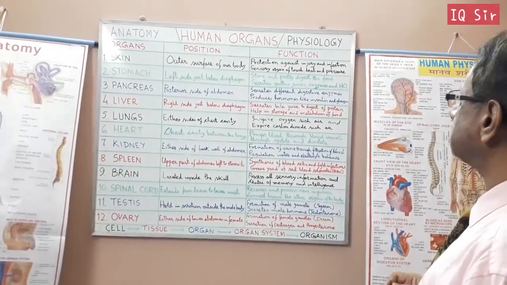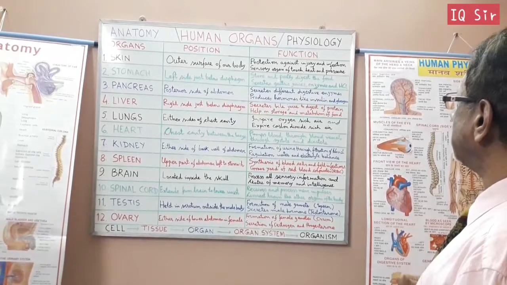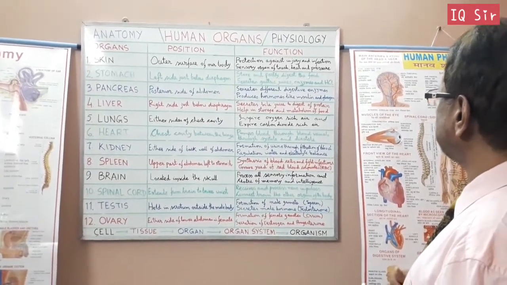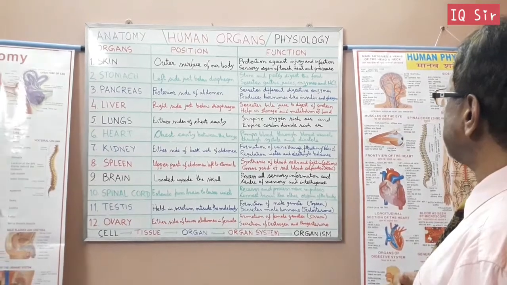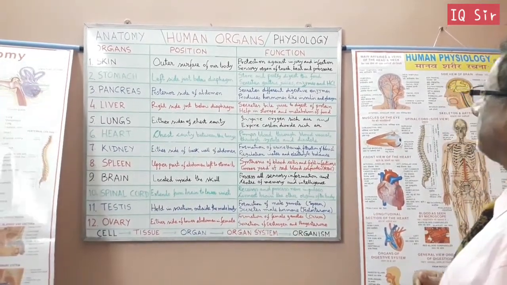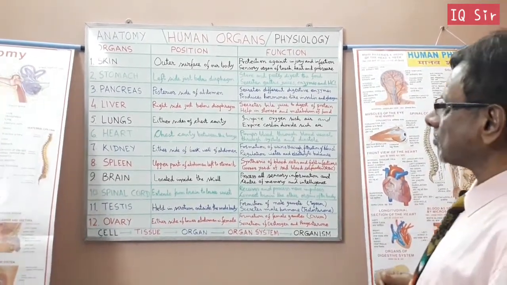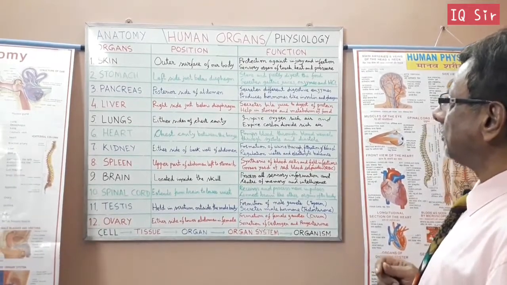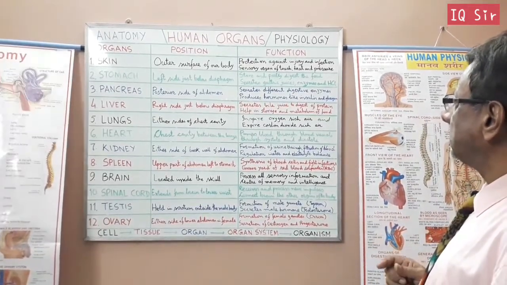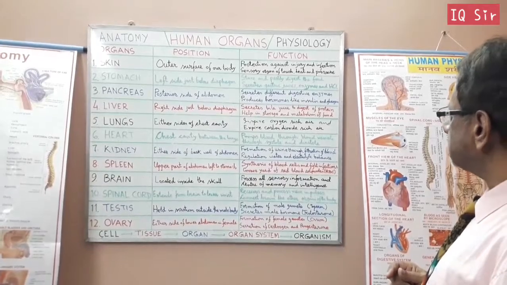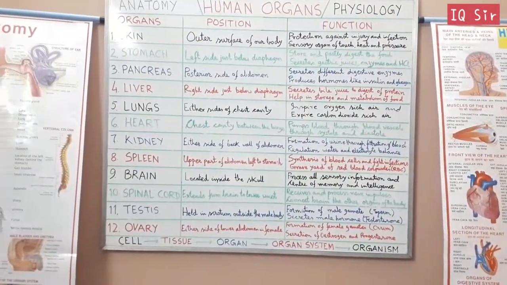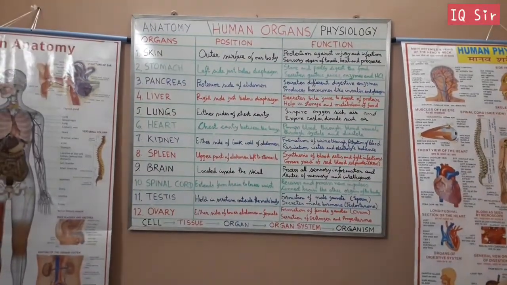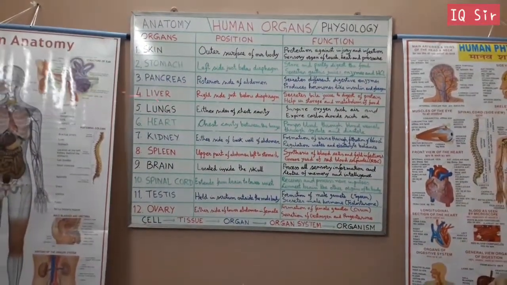Its function is to store and partly digest the food, as well as secrete gastric juices, enzymes as well as HCl. Now the pancreas is located on the posterior side of the abdomen, and its function is to secrete different digestive enzymes and produce hormones like insulin and glucagon. That is important.